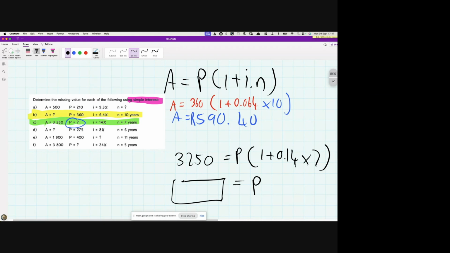How are we doing with that one? It feels similar to last time because I've got to move this whole thing across. At the moment, this is times by this, so I can bring it across, and it's 3250 divided by 1 plus 0.14 times 7.